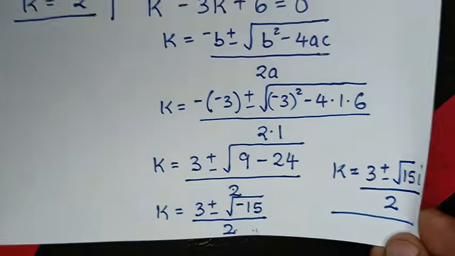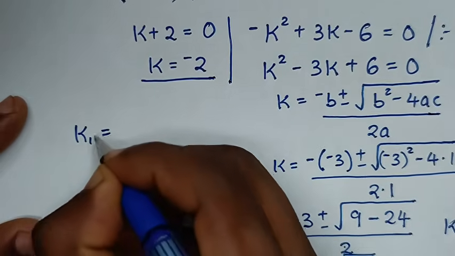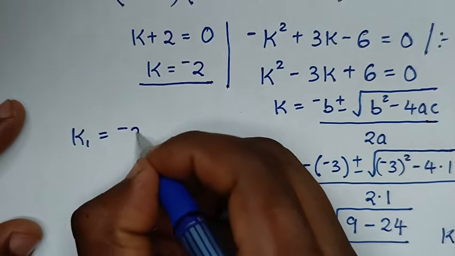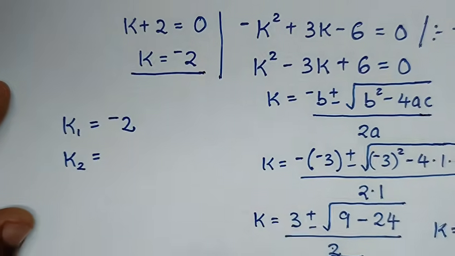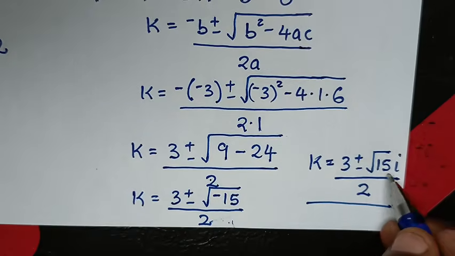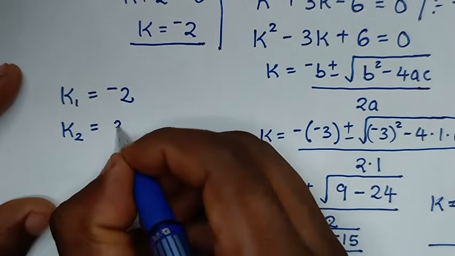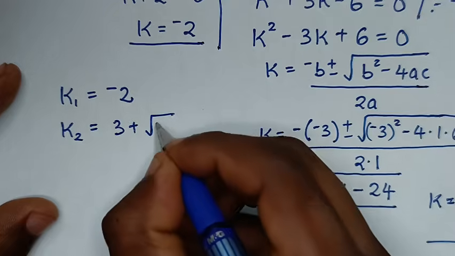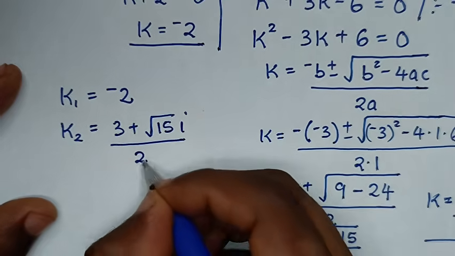Now our conclusion: the first value of k is negative 2. The second value of k, when it is positive, will be 3 plus square root of 15i over 2.